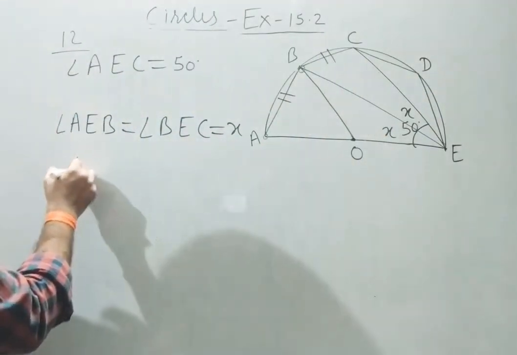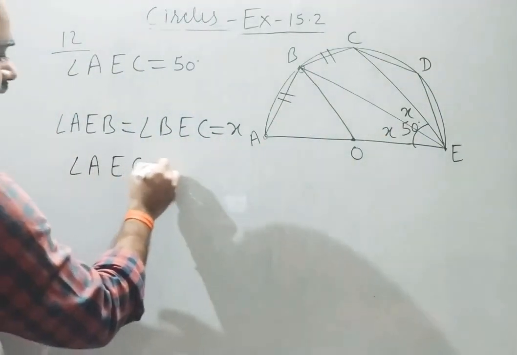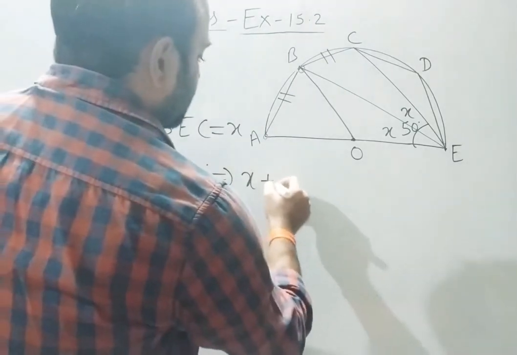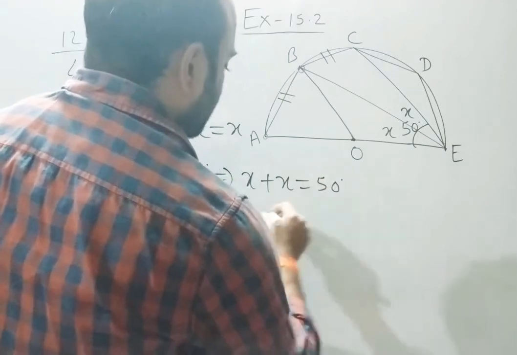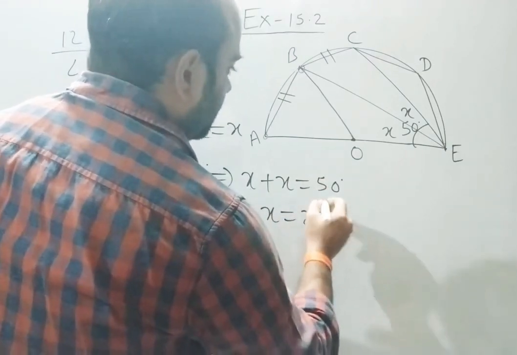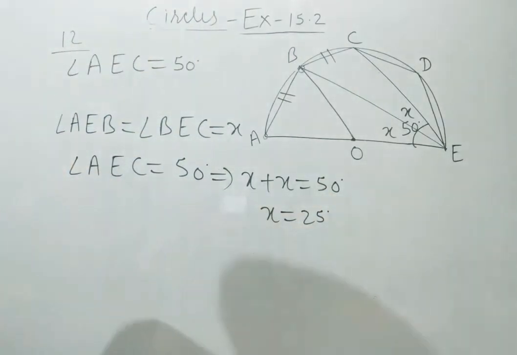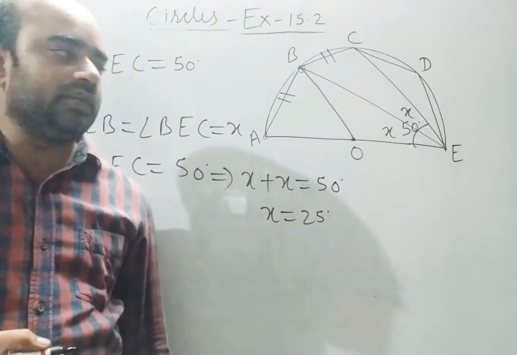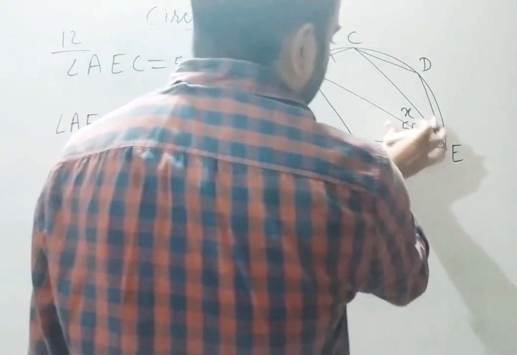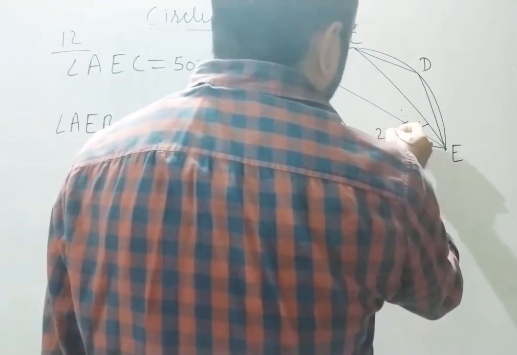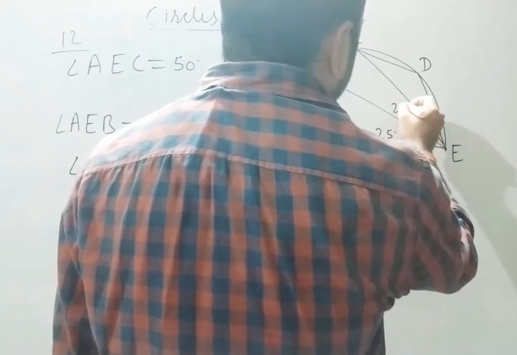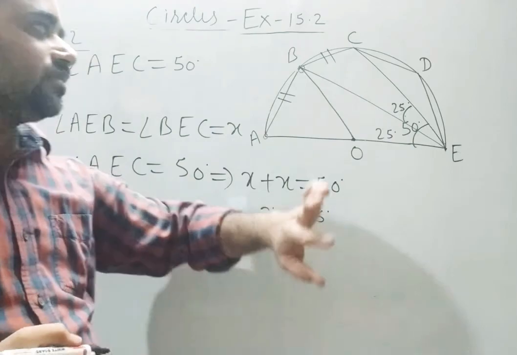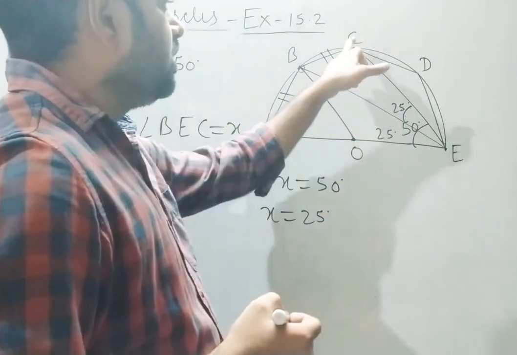Therefore, x plus x is 50 degree. Hence, x will be 25 degree. Correct? Clear? So these two will be 25 degree and 25 degree.